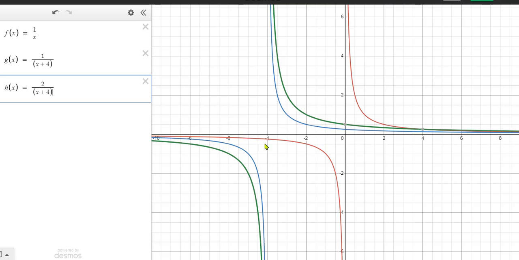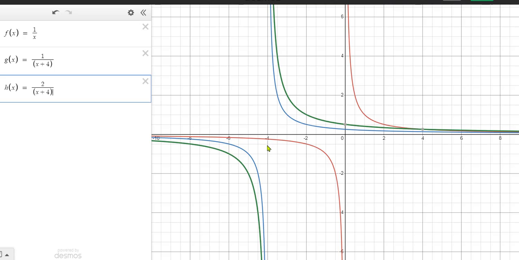So this is, again, if I treat this as the new origin 0, 0, this would be like -1, -1, and this would be -1, -2, etc. This would be from here, this would be 1, 1, and this would be 1, 2. So you can see the green function has twice the height that the blue function did.